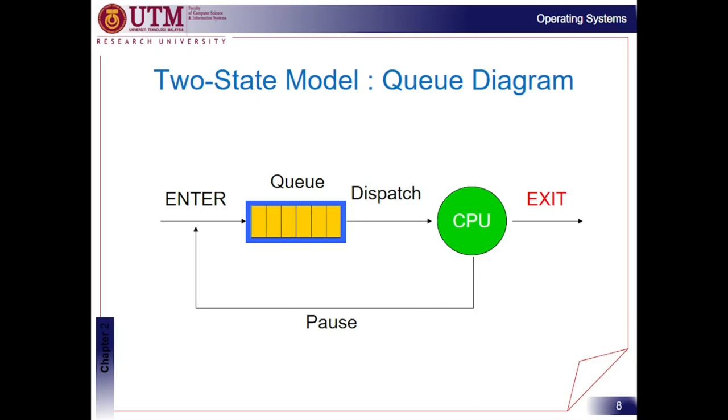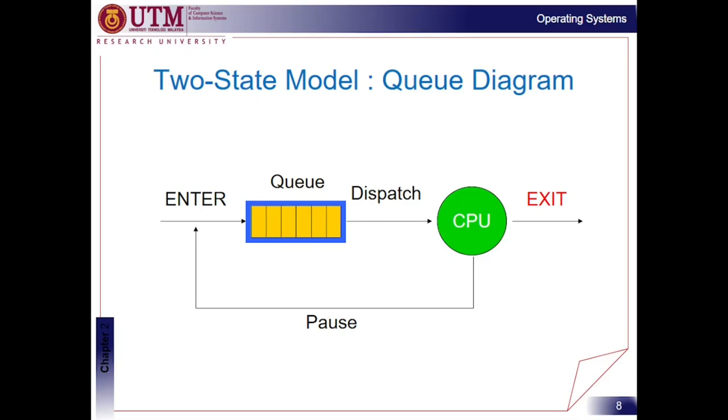The dispatch operation is the act of selecting a process from the queue and moving it to the CPU. The CPU then executes the process for a certain amount of time until it either finishes or gets interrupted by an external event. When the process leaves the CPU, it either exits the system or goes back to the queue depending on its state.